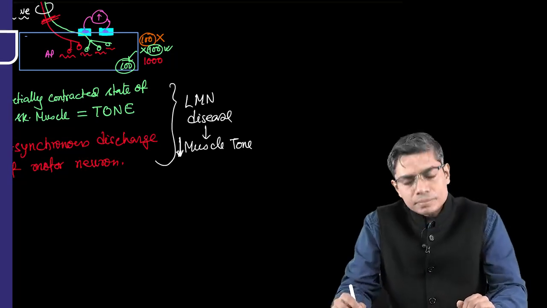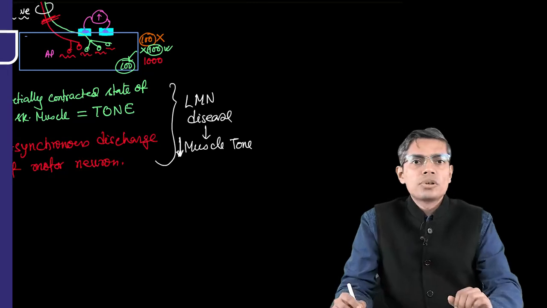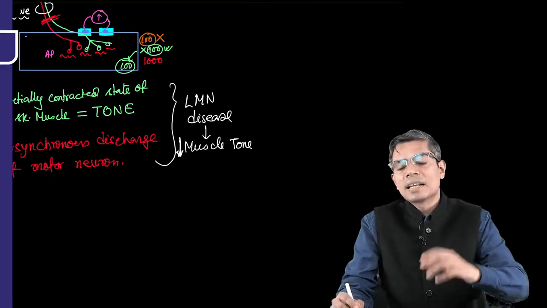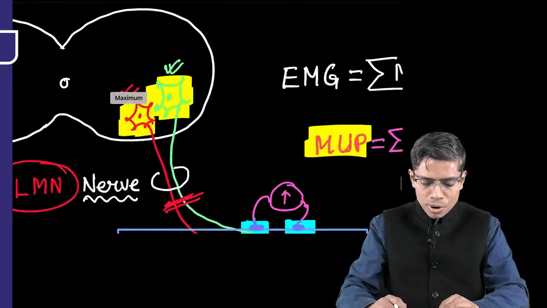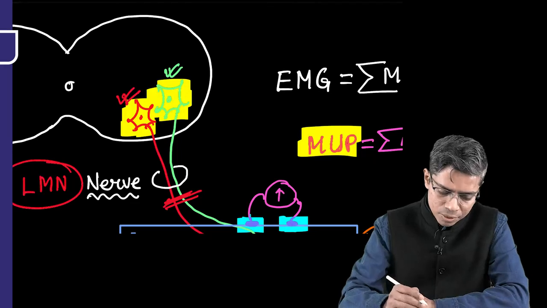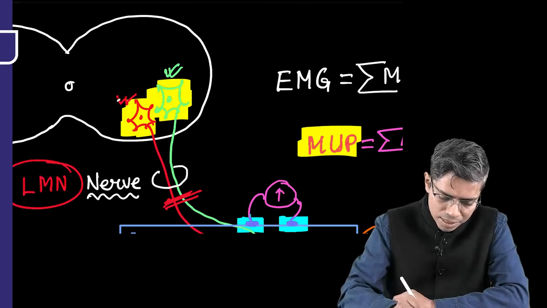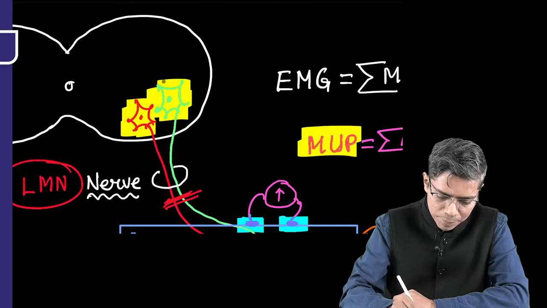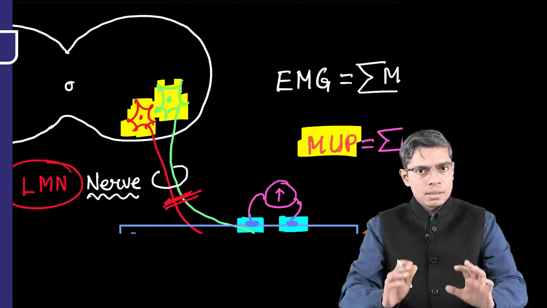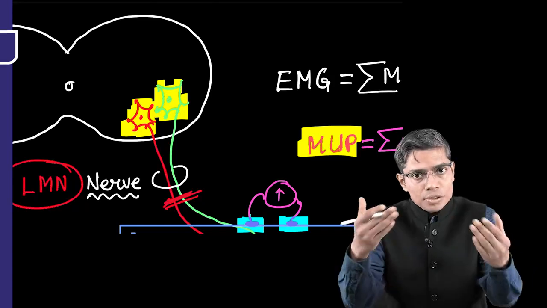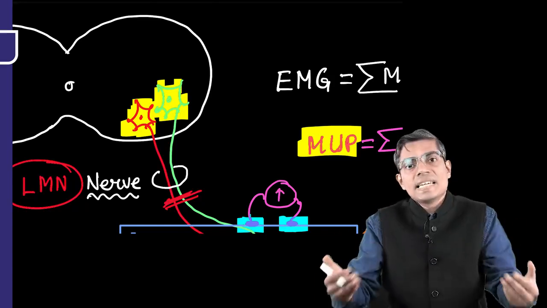Now, during lower motor neuron disease, there will be another phenomenon. What is that? In the early stage of lower motor neuron disease, suppose there is a disease process happening inside this motor neuron. In the early stage, your motor neuron is going to die, but it is not dead yet.